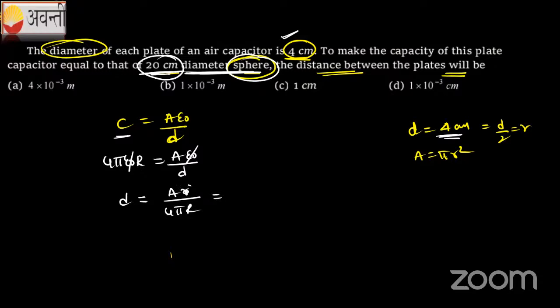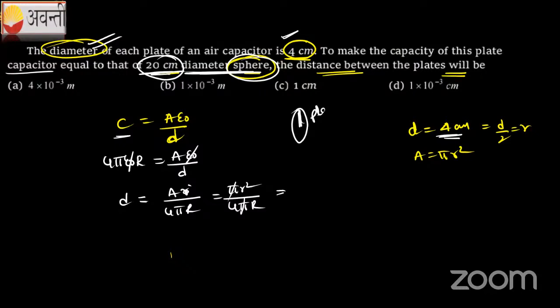Area of this one, the diameter of the plates of the capacitor is given, meaning circular plates. Okay, area of that circular plate is nothing but pi r square. Pi r square divided by 4 pi r. Pi cancels, and then here r square is the radius of the plate.